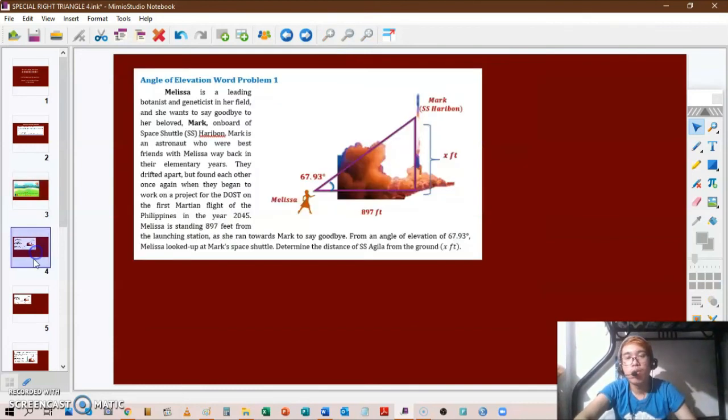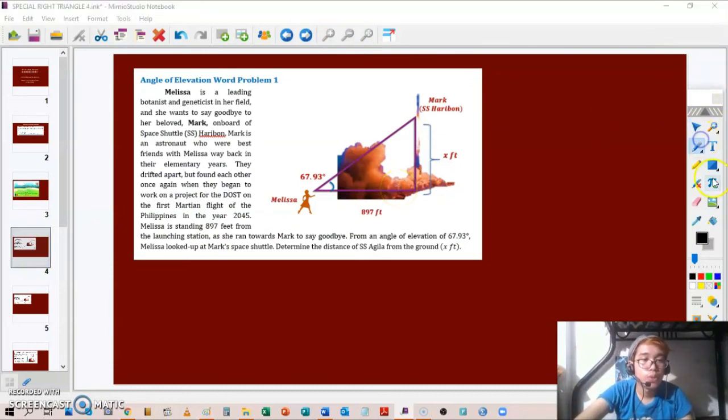Let's try to apply our knowledge about angle of elevation and depression using these word problems. We have here the first one. Melissa is a leading botanist and a geneticist in her field, and she wants to say goodbye to her beloved Mark on board the Space Shuttle Haribon, or SS Haribon. Mark is an astronaut who was best friends with Melissa years back in their elementary years.